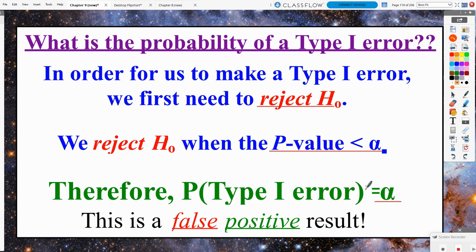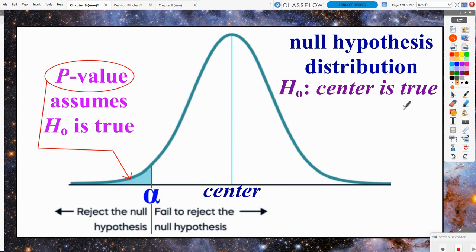Now you might be wondering, why exactly is a type 1 error just the alpha level? So I got a picture here that I want to show you. There is a sampling distribution that really represents the null hypothesis. With the null hypothesis, we're saying that the center, whatever that value is, is true. So we're always assuming that the null hypothesis is true to start with. And so when are we going to reject the null hypothesis?